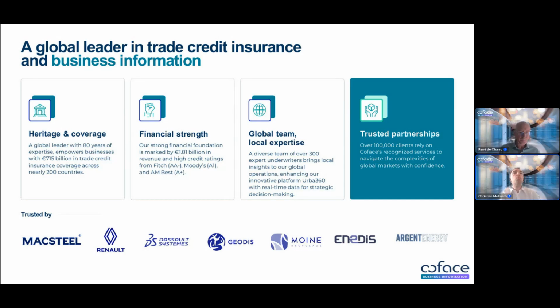So it's a fact completely different from other business information providers, and it forces us to do a lot of steps in the direction to have the best model all around the world. And it's something that differentiates a lot our offer compared to other business information providers.